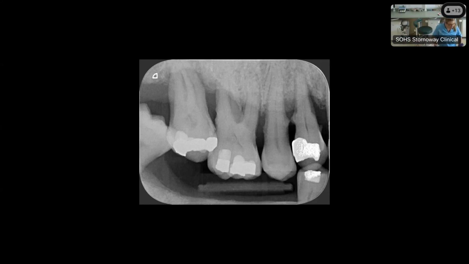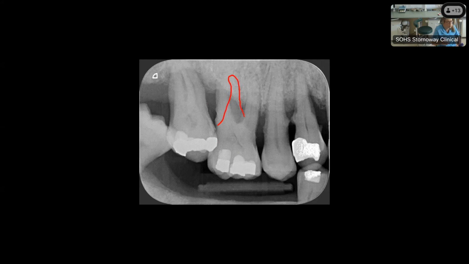So furcations on the upper radiographs obviously look quite different to furcations on the lower, because oftentimes with the upper, you don't actually see that sort of black triangle. You just see a less dense part of the tooth. On this radiograph, we have a root doing that. That's your palatal root.